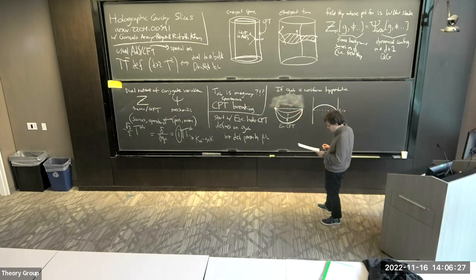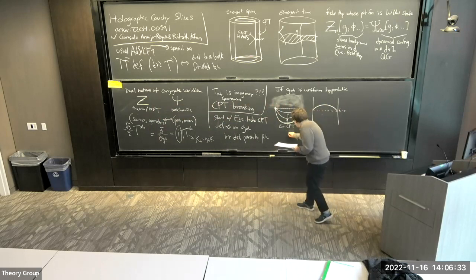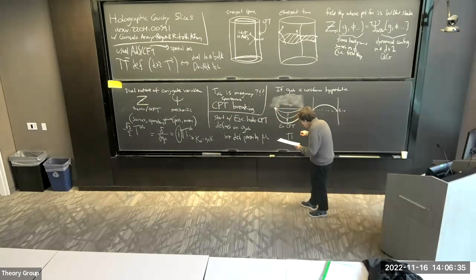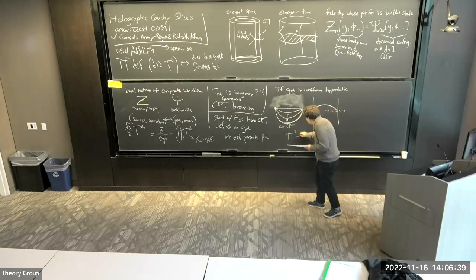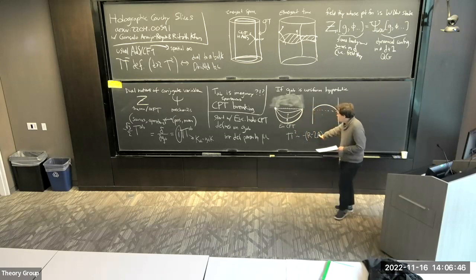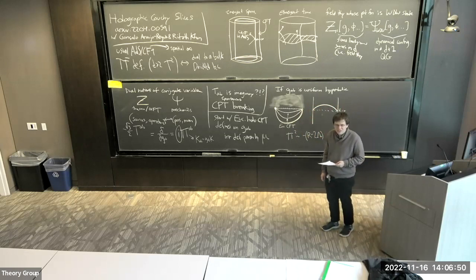Because of symmetry, we only need to concern ourselves with the trace of the extrinsic curvature. And the Hamiltonian constraint equation is roughly something like pi squared is given by minus R minus 2 lambda, where lambda is the bulk cosmological constant.